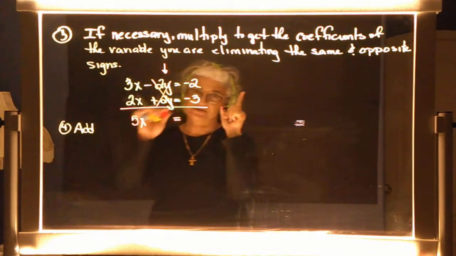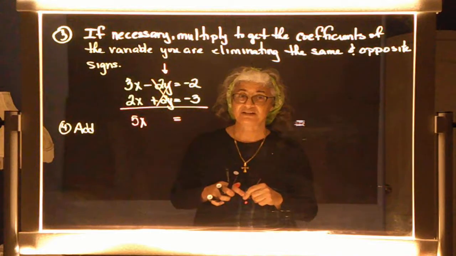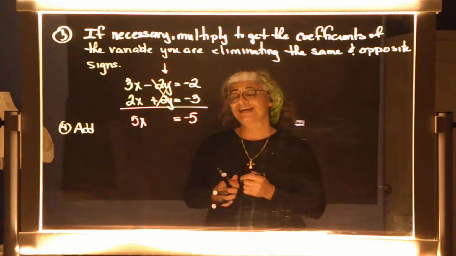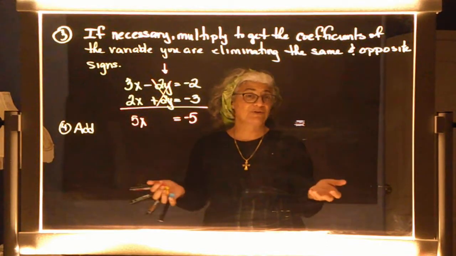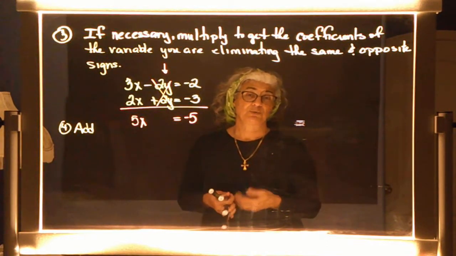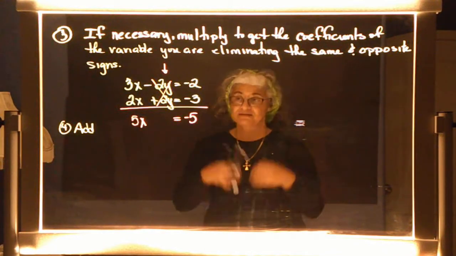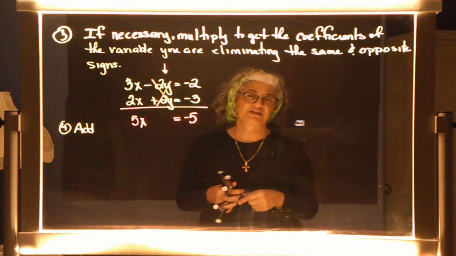And equals, if I take negative 2 and add it to negative 3, good, negative 5. So when we add, we actually eliminated the variable that we wanted to, which in this case was y, after we changed our minds. Make sense? Okay, instinct tells you to do what here?